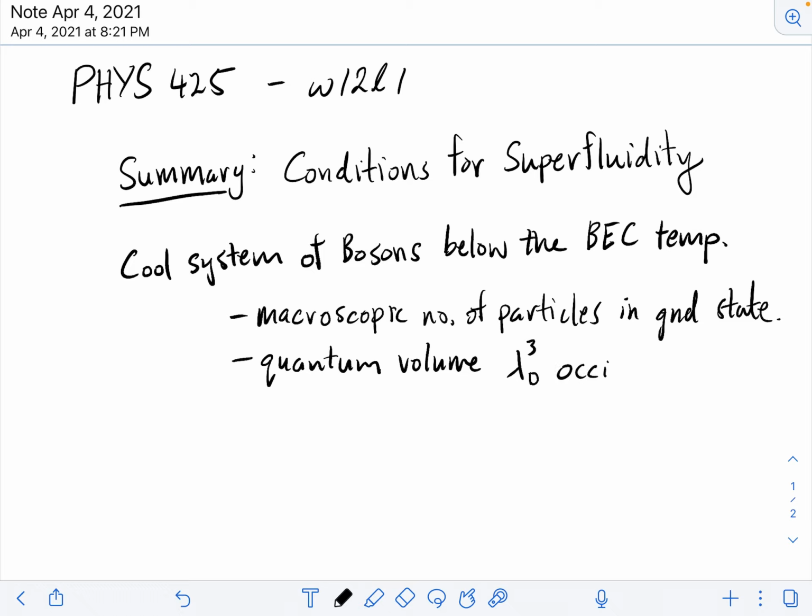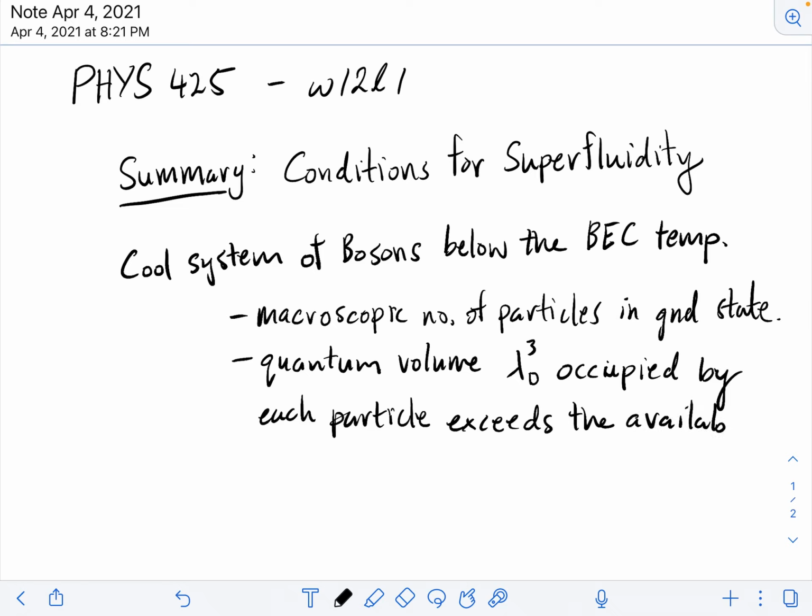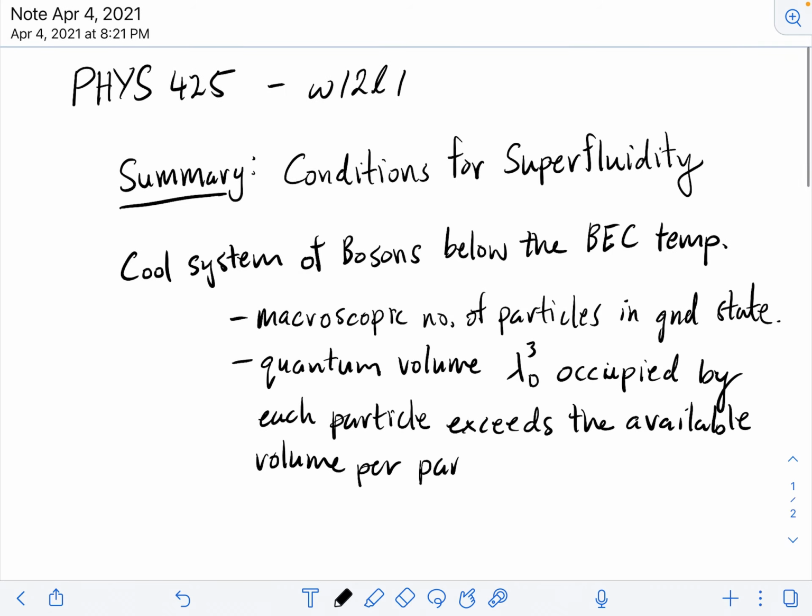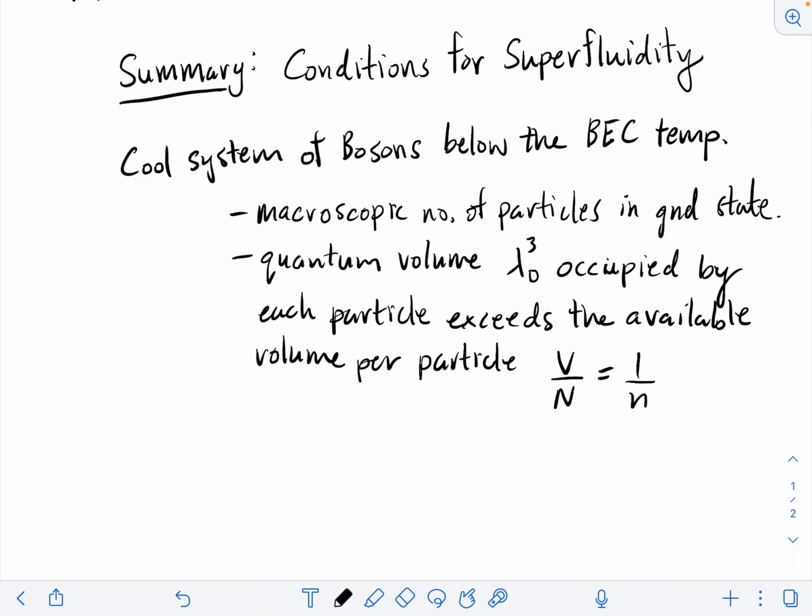And so when the quantum volume occupied by each particle exceeds the available space per particle, let's say available volume per particle, which is given by V divided by N, which is 1 over the number density, then what we have in that case is that the wave functions of neighboring particles overlap. So particle wave functions overlap.